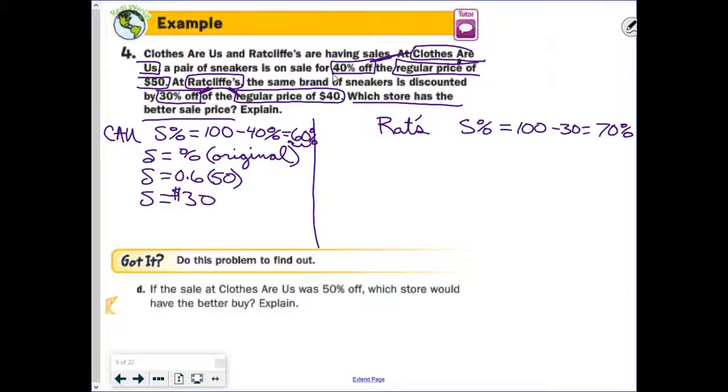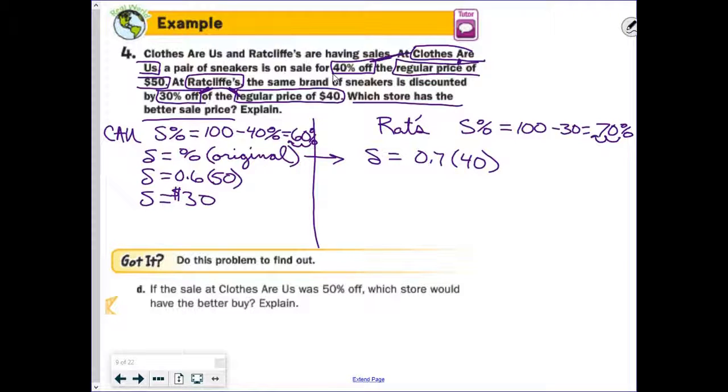Let's take a look at Ratcliffe's. Using that same equation, the sale price for Ratcliffe's would be the sales percent, which is 70% as a decimal, 0.7, times the regular price of their shoes, which is $40.